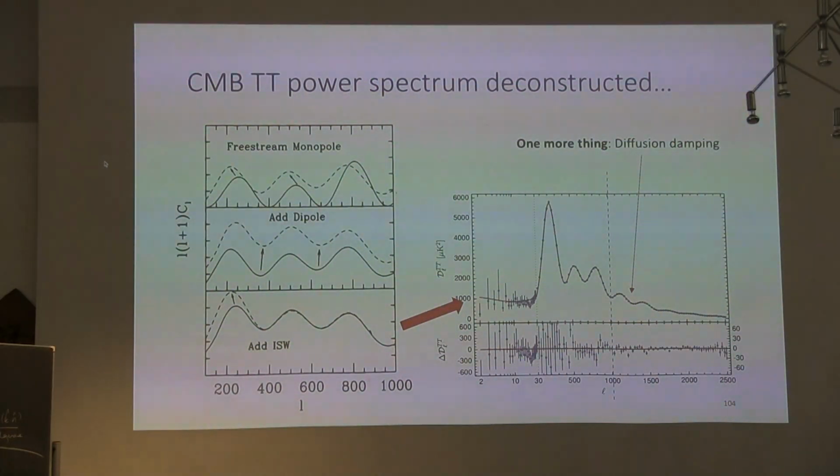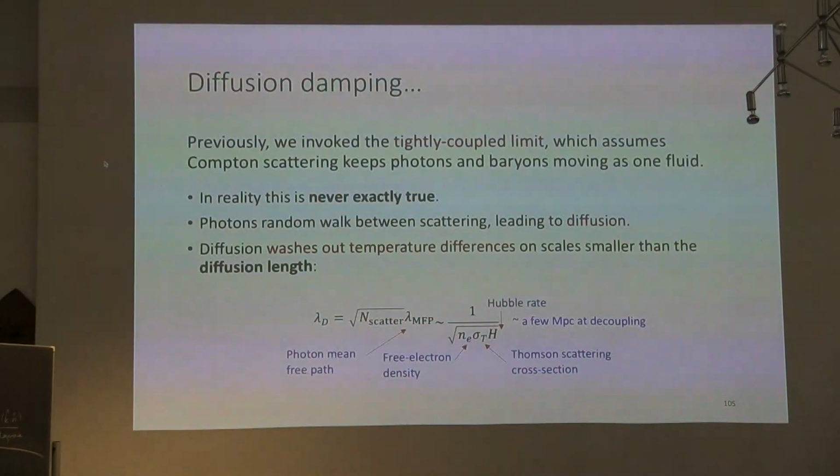Now, this is not actually the complete picture yet. There's one thing that I did not discuss, and that's called diffusion damping. And diffusion damping is what is responsible for actually removing power at these very high values of l. And that comes about because, so far this whole discussion is about how photons tightly couple to electrons, right? And how the photon fluid and the electron fluid are moving as one.